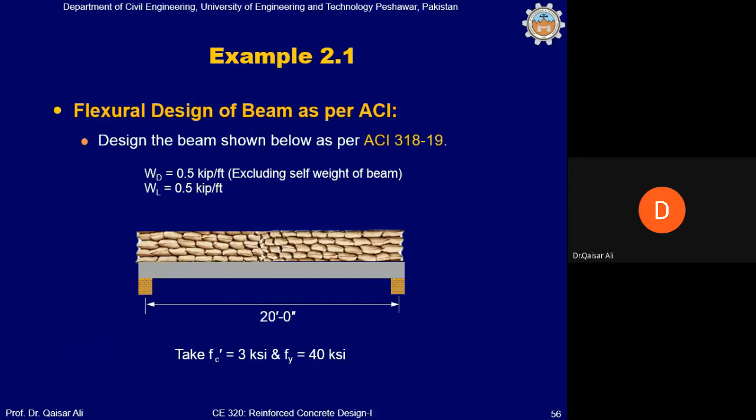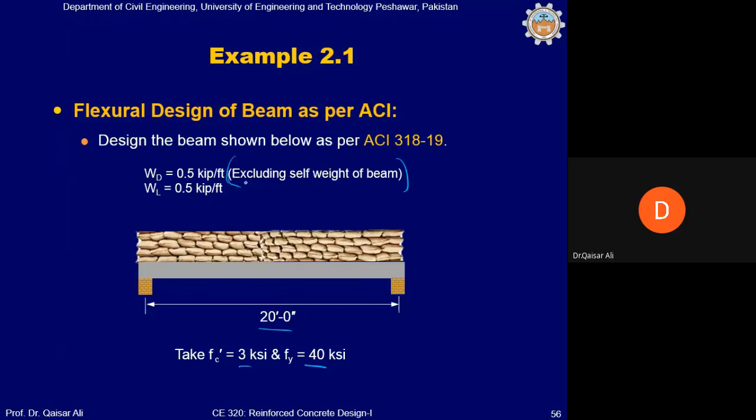Okay. Now the total length, the center to center length between the supports, is 20 feet. f'c is 3 ksi and fy is 40 ksi. We will use that grade 40 steel. The dead load, now look here, excluding self weight.